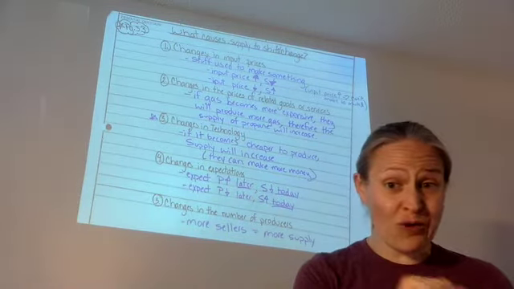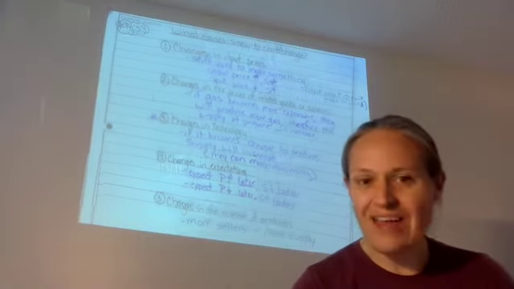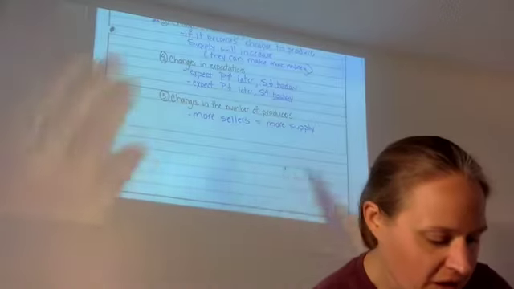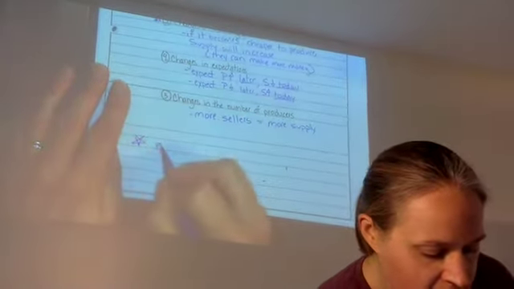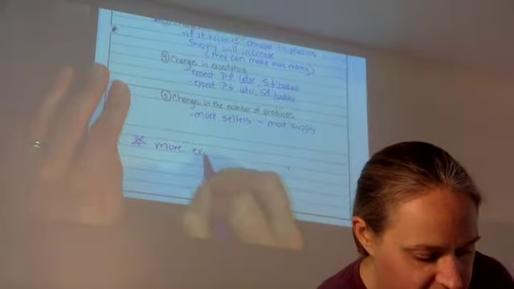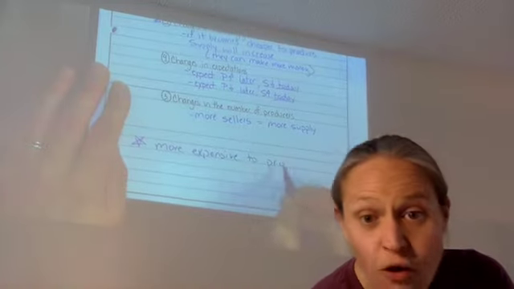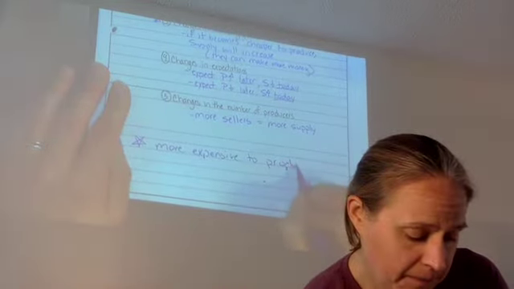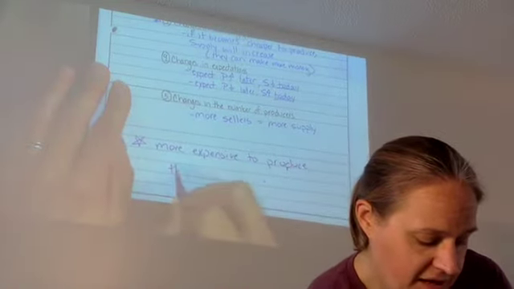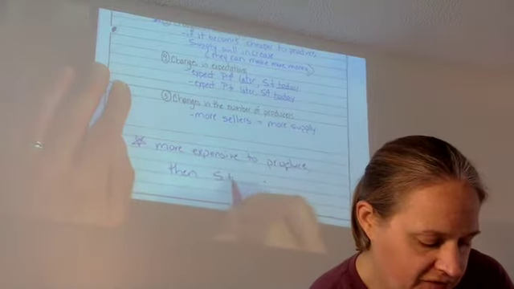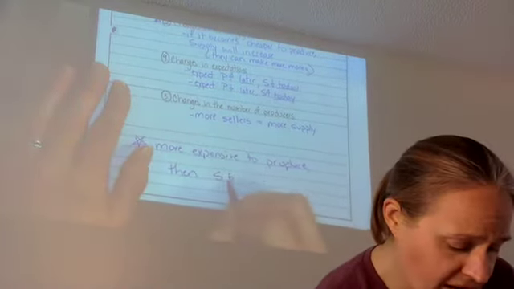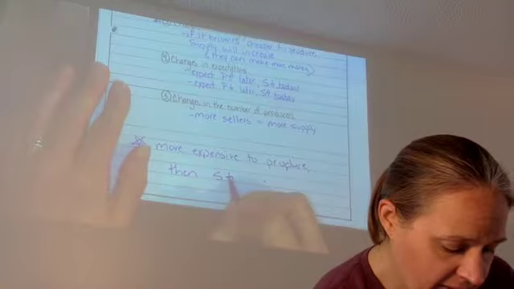And a lot of you are writing that in on your notes. Maybe I will too. So kind of more expensive to produce or make, then supply goes down. And you could write the opposite of that as well.